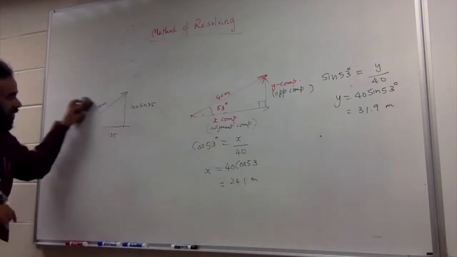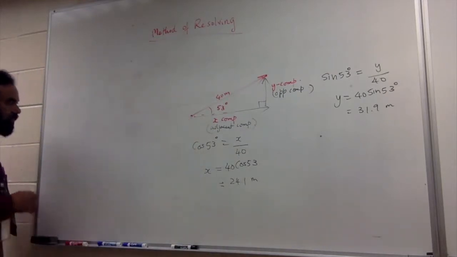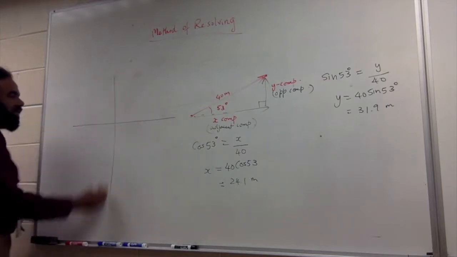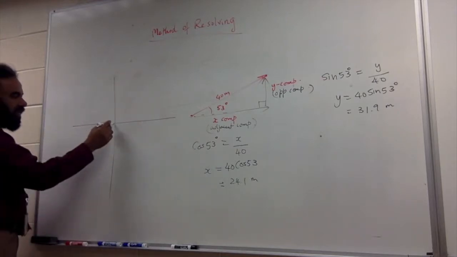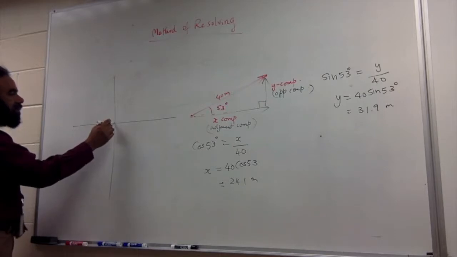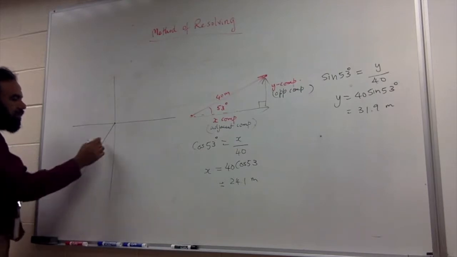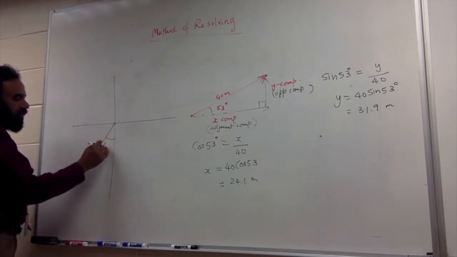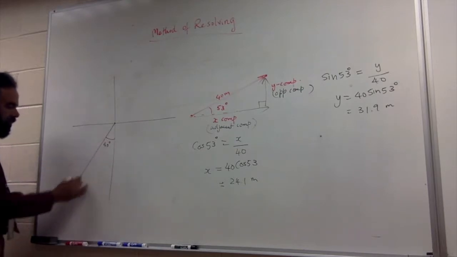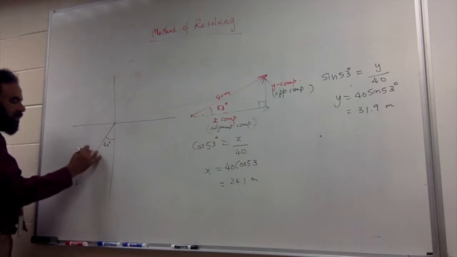I'll show you another example. This is your x-axis and y-axis, and here is a vector. 40 degrees, 80 meters.